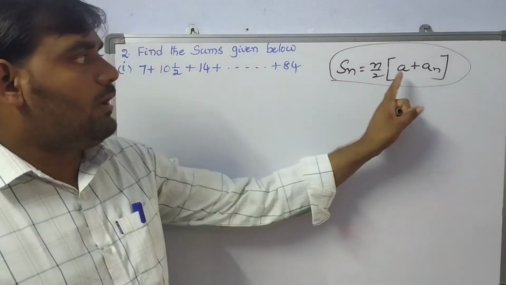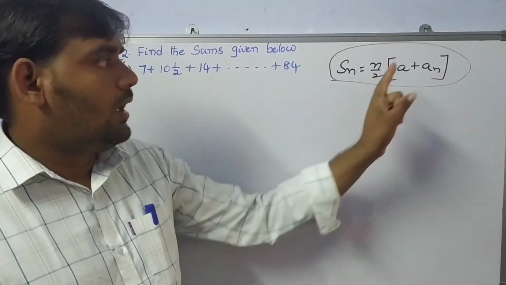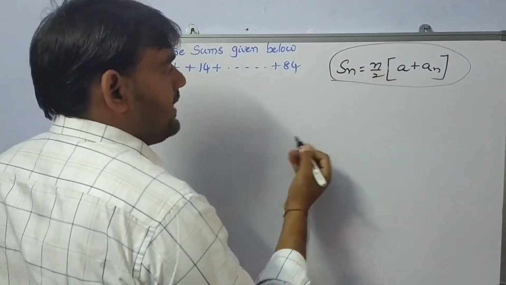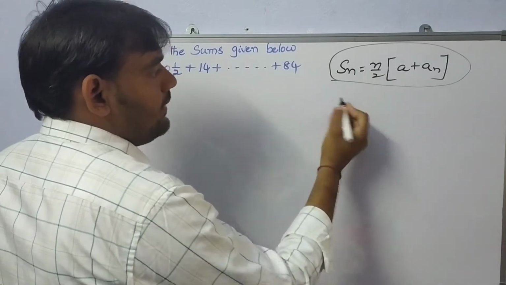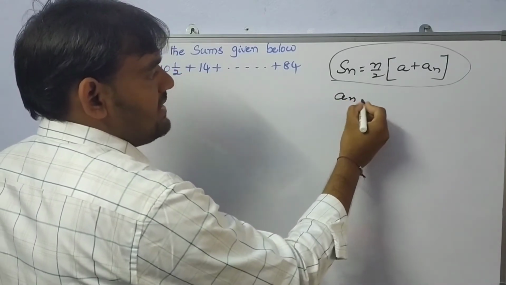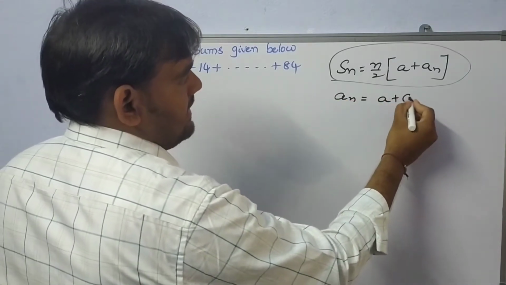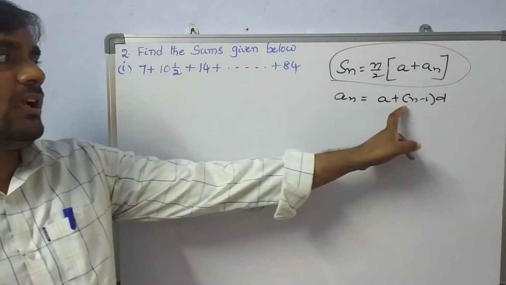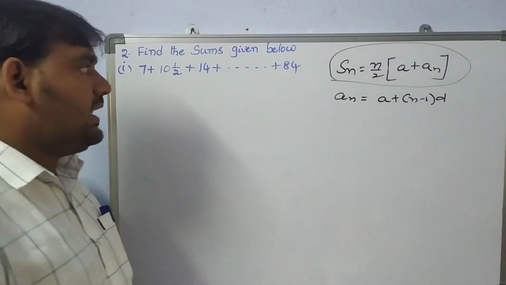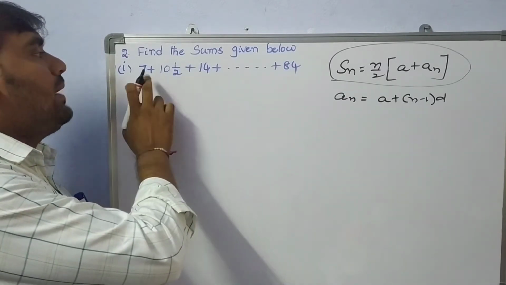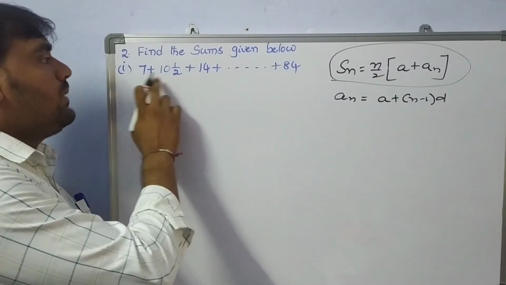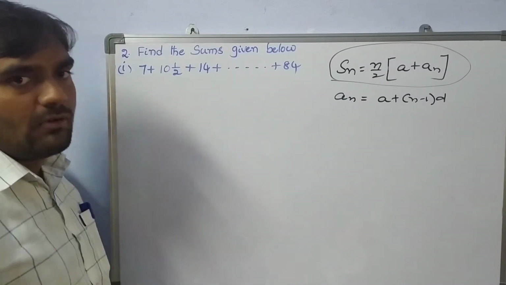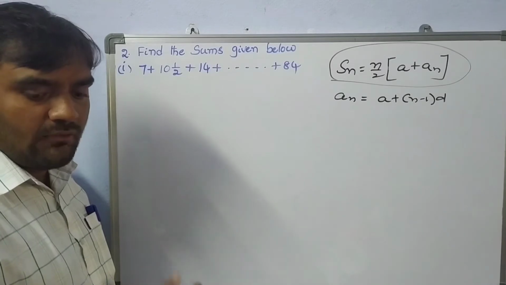See here, we know a and an, isn't it? So we can find n by using the formula for the nth term, an is equal to a plus (n minus 1) into d. Then what about d? d is nothing but a2 minus a1. 10 1/2 minus 7, we can get d, or else 14 minus 10 1/2, we will get the common difference d.